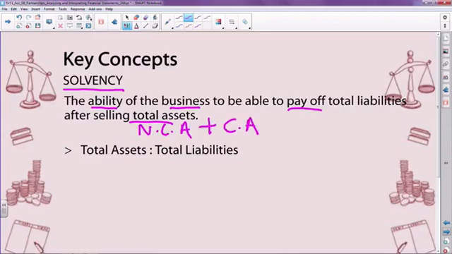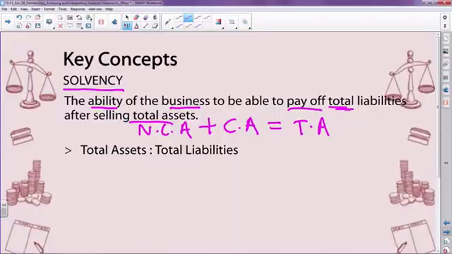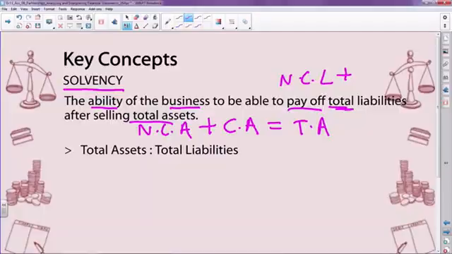Non-current plus current will give us total assets. So if we convert our total assets into cash, will we be able to pay off our total liability or total debt? And again, the word total liability refers to your non-current liability plus your current liability.